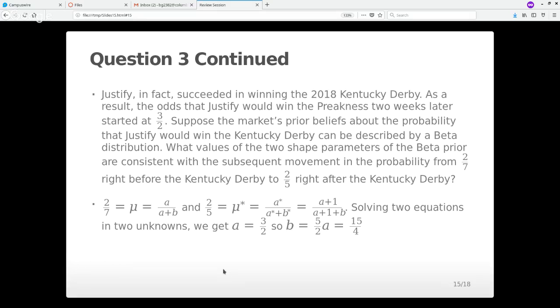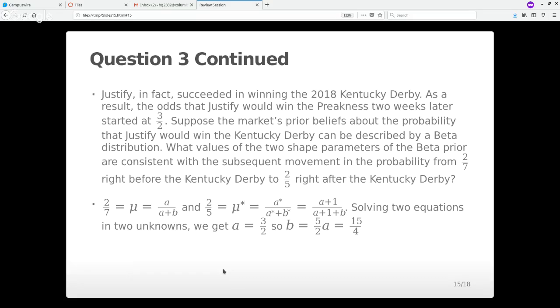So we know, before the Kentucky Derby, the expectation was 2/7, or at least that was what the market was saying for the probability that he would win. And then after the Kentucky Derby, the probability of him winning the Preakness implied by the market was 2/5, which is equal to A star over A star plus B star, and A star is equal to A plus 1.